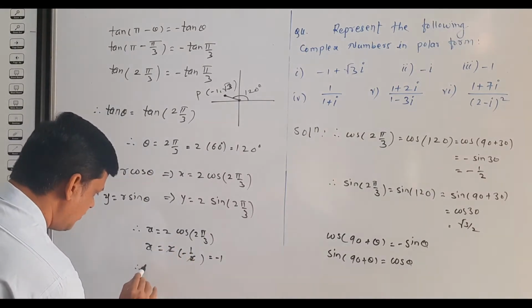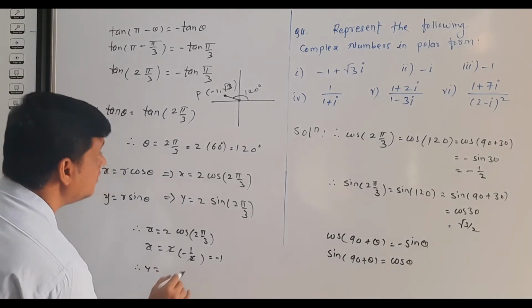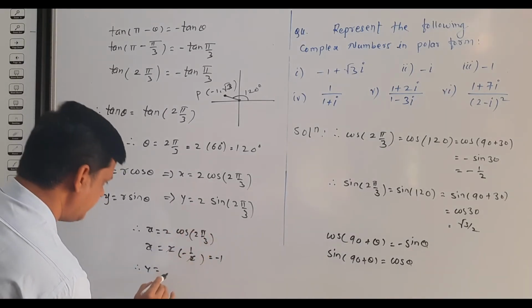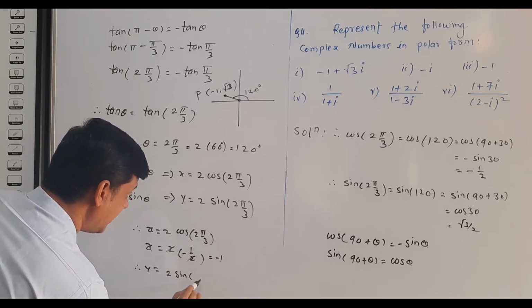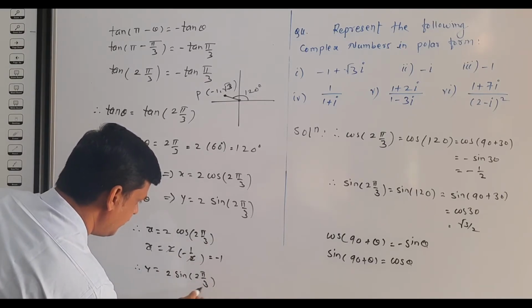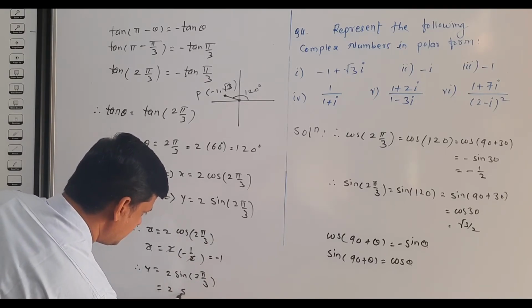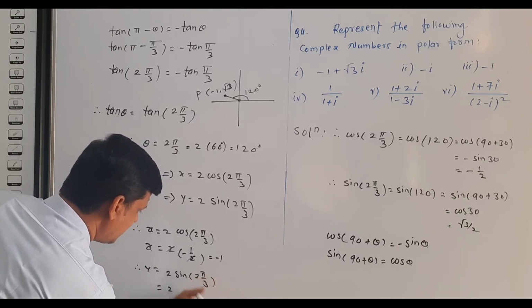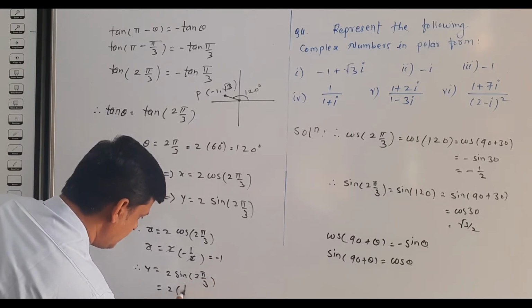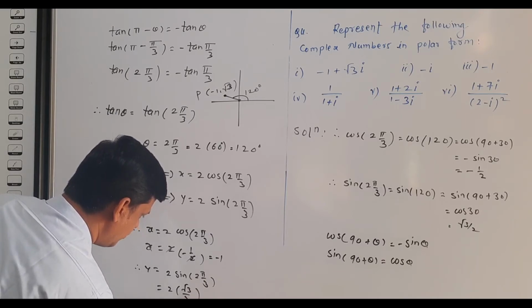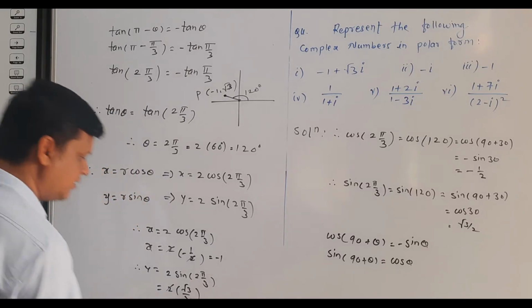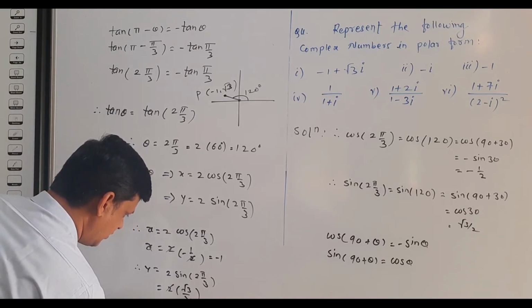Similarly, y is equals to 2 sin 2 pi by 3. We calculate this sin 2 pi by 3 as root 3 by 2. These 2 get cancelled. So we write here this as root 3.